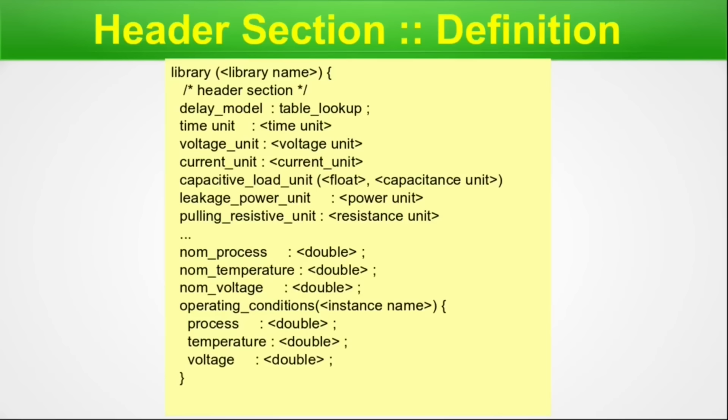We close the operating conditions here, and default operating conditions will have an instance name. So this is the kind of detail a header section will contain. Sometimes in the library file there could be some additional name tokens. In that case you have to interpret by the name and the meaning. I'm done with this particular slide, so let's move on.